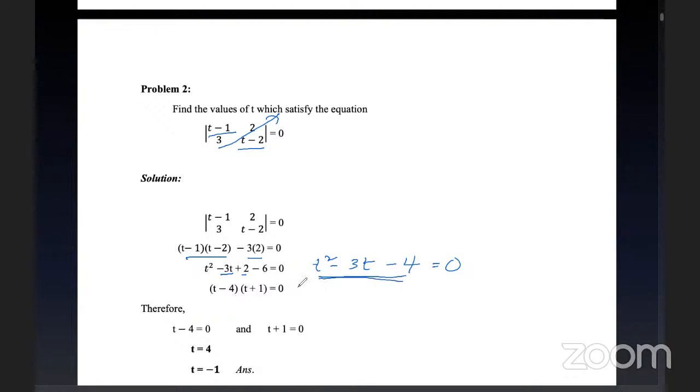So since naka-equate na sa 0, so t minus 4 is equal to 0, and t plus 1 is equal to 0. Now, transpose to the right side, you have t is equal to positive 4 and t is equal to negative 1. Now, these are the values of t. Okay, so yan. Ginamit natin yung determinant to actually determine the value of t.